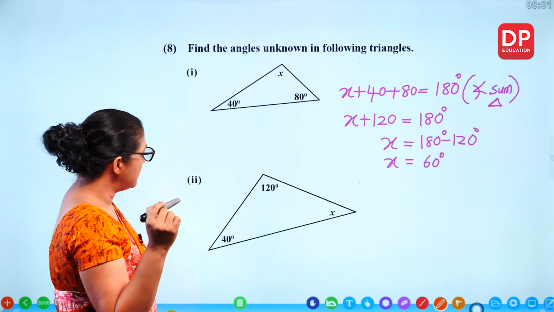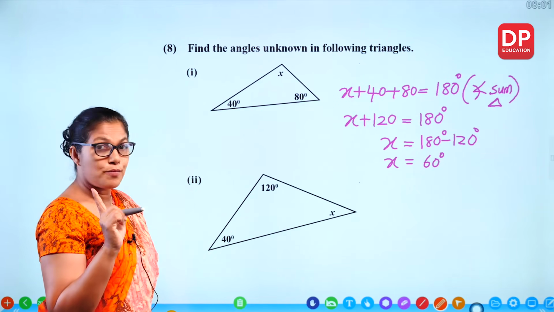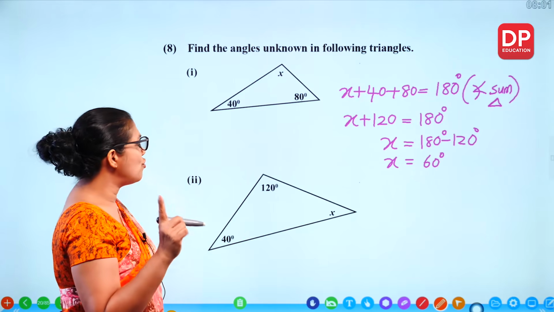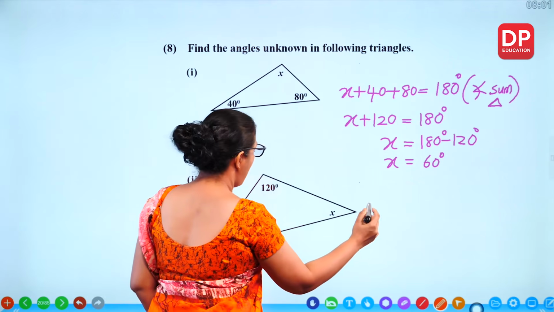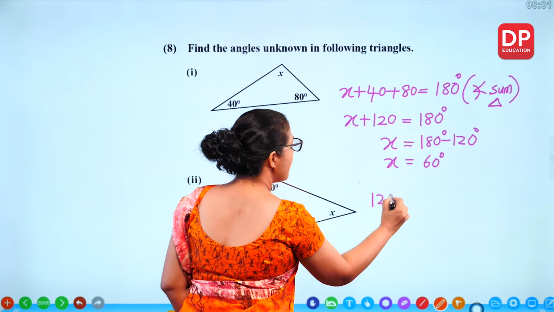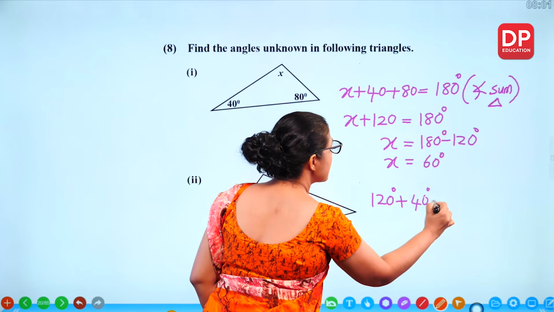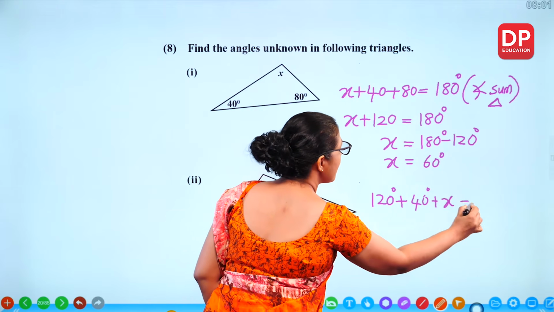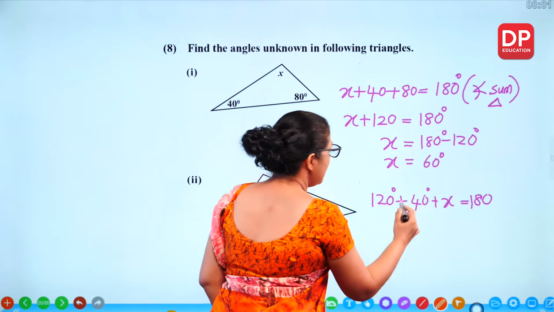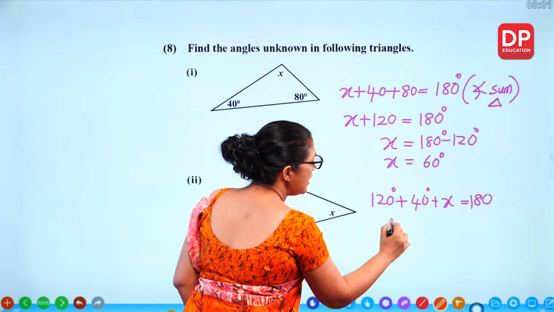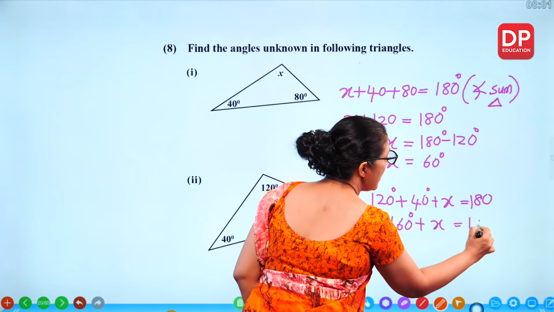This triangle, what is this triangle? 120, obtuse angle is there. Obtuse angle triangle. So the sum is 180. So you can write 120 plus 40 plus x is 180. 120 plus 40, you get 160, plus x equals 180.